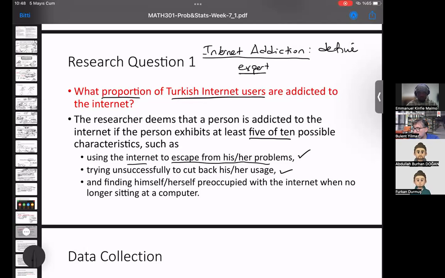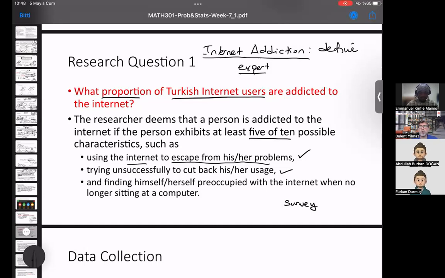So why do we need that? We need to come up with certain survey questions. You cannot say, are you an internet addicted person? Yes, no. It's not the way it is, right?